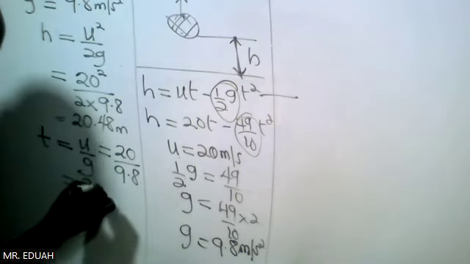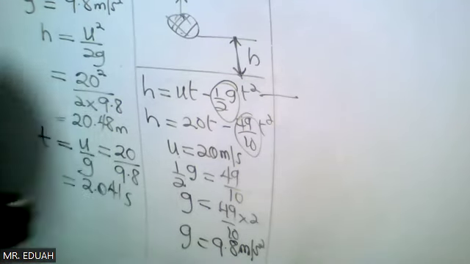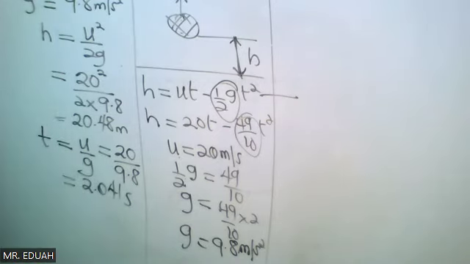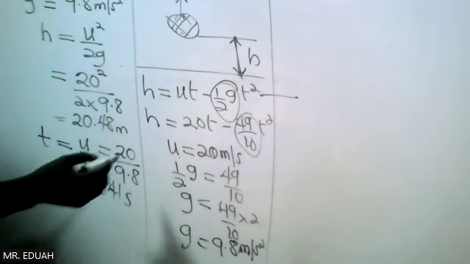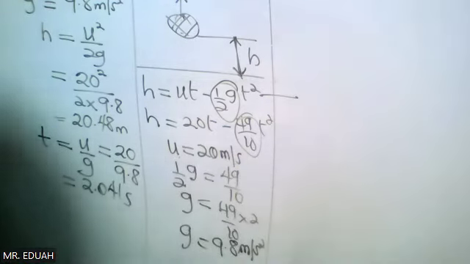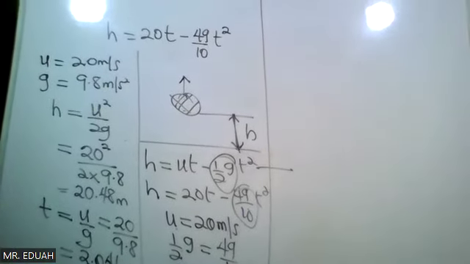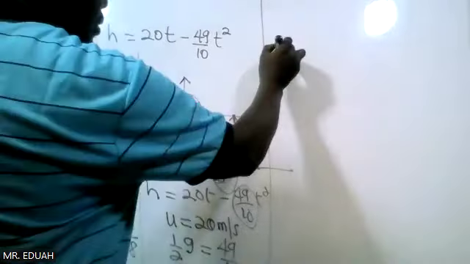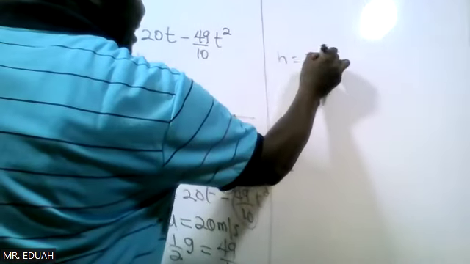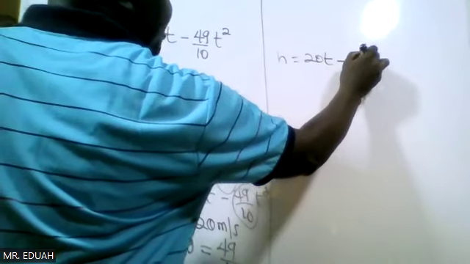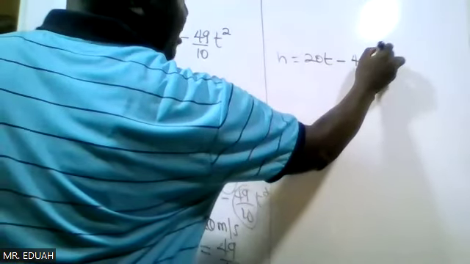Please 2.041. Okay. So once I have the t value, I substitute t into the equation they gave me. What we were given is that the height H by the body with time is 20t minus 4.9 t squared.